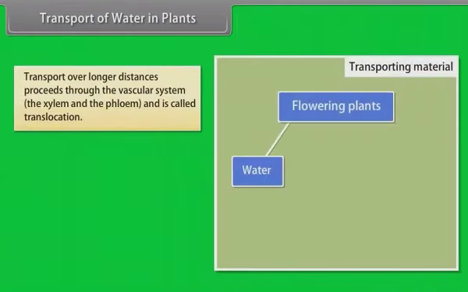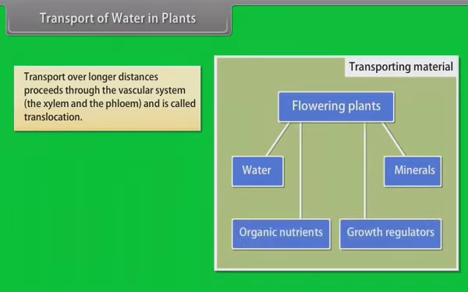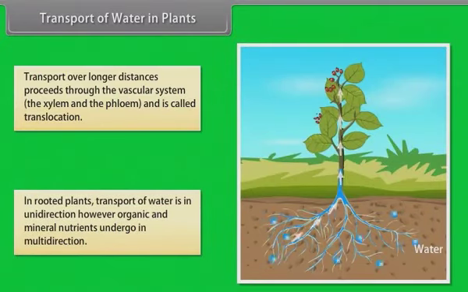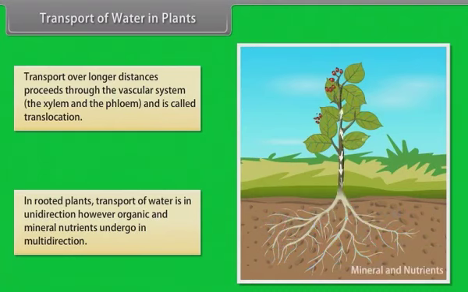Transport over longer distances proceeds through the vascular system and is called translocation. You will be surprised to know that in rooted plants, transport in xylem is essentially unidirectional from roots to the stems. Organic and mineral nutrients, however, undergo multidirectional transport. Now we will learn about the means of transport for short distances in plants.